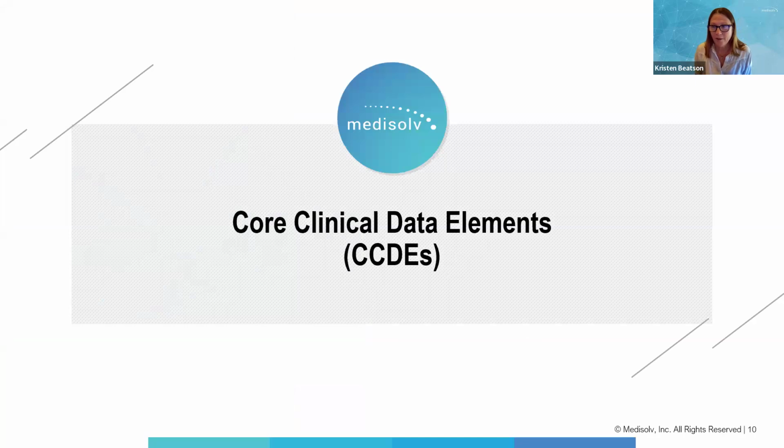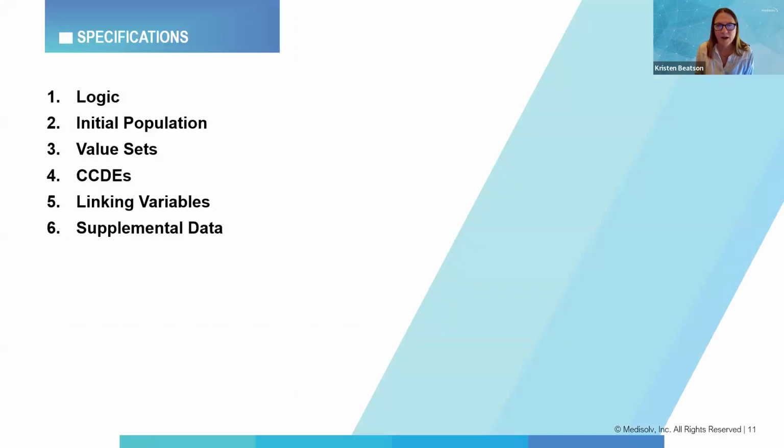So let's talk more about the core clinical data elements. Next slide. As I mentioned, there are specifications for both the hybrid mortality and then a separate spec for the hybrid readmission measure. The specifications include logic and initial population, value sets, CCDEs, linking variables, and supplemental data.